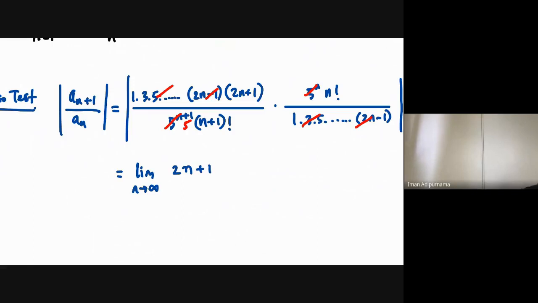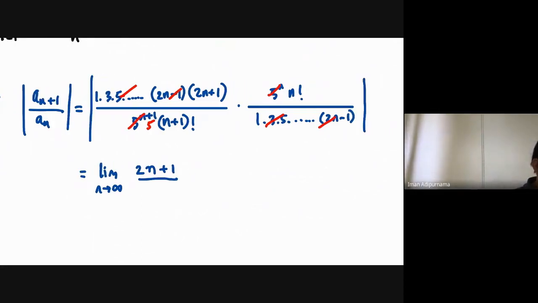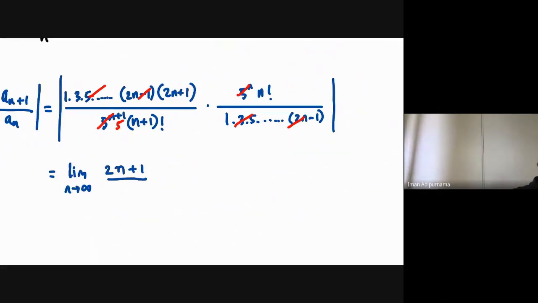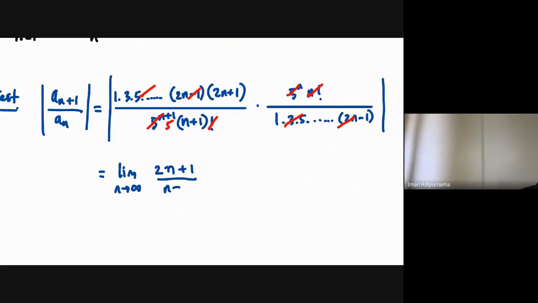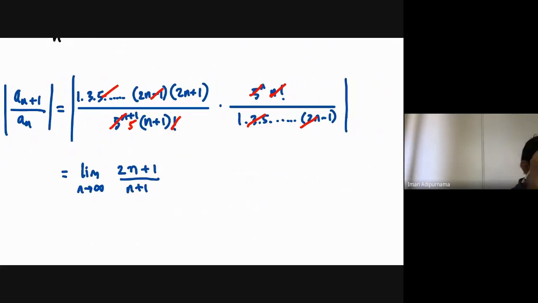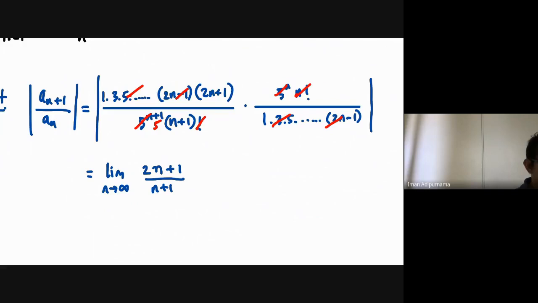2n plus 1 divided by the factorial and plus 1 and then 5.